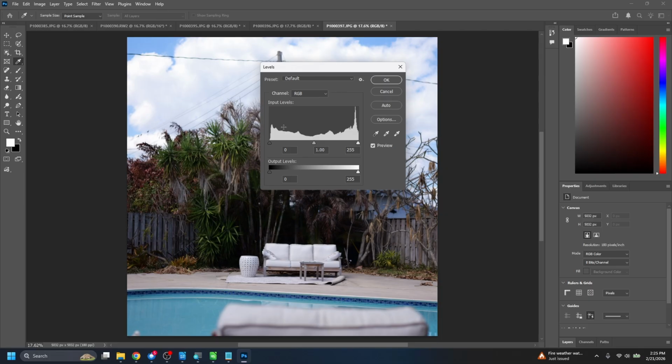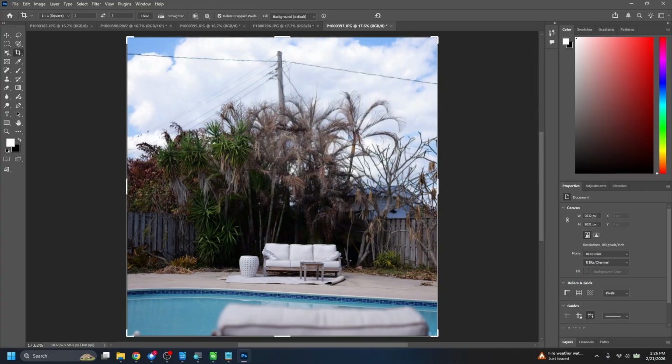Our blacks came in almost perfectly. There's a tiny amount of clipping on the high end, but it's not going to be that noticeable. And our histogram is full range. So that means our dynamic range is getting used the most. There's nothing exposure-wise that we need to do for this image.